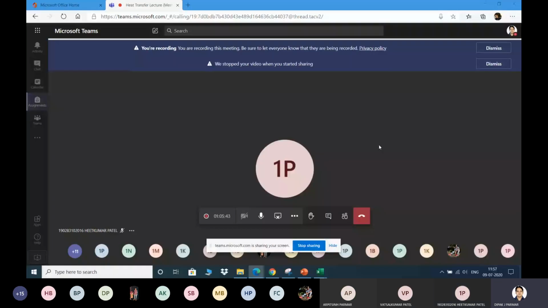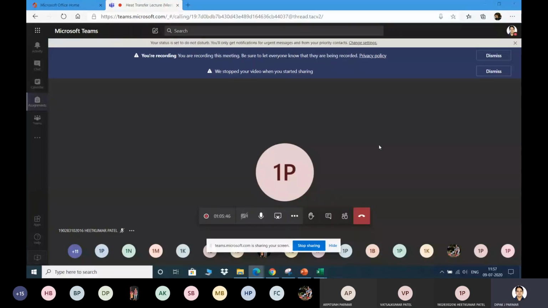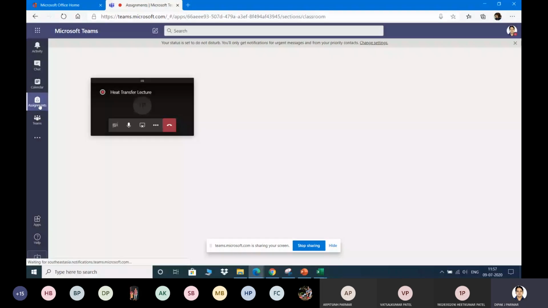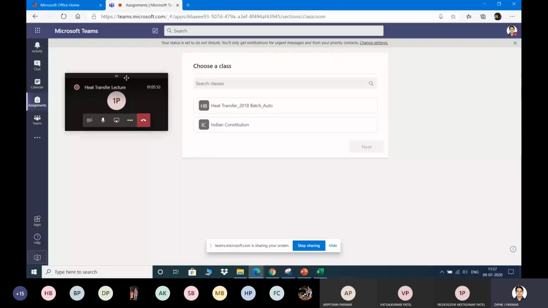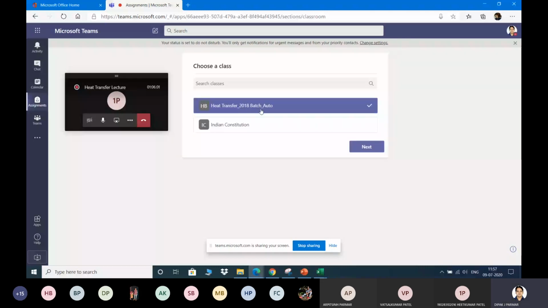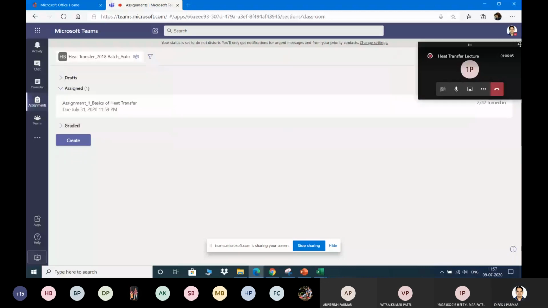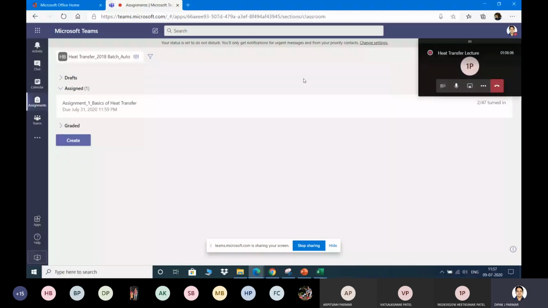Now I think my desktop is visible. Yes, sir. Okay, you can click on assignments. This is my classroom. I have two different classrooms. In your case, you have to click on the heat transfer 2018 batch. When you click on this, it will open assignment number 1, basics of heat transfer.